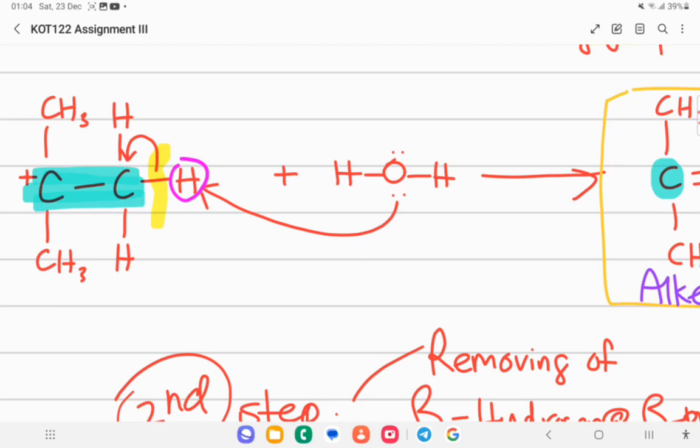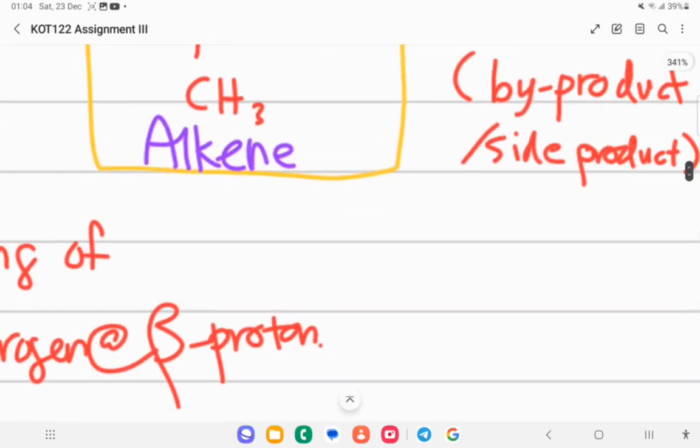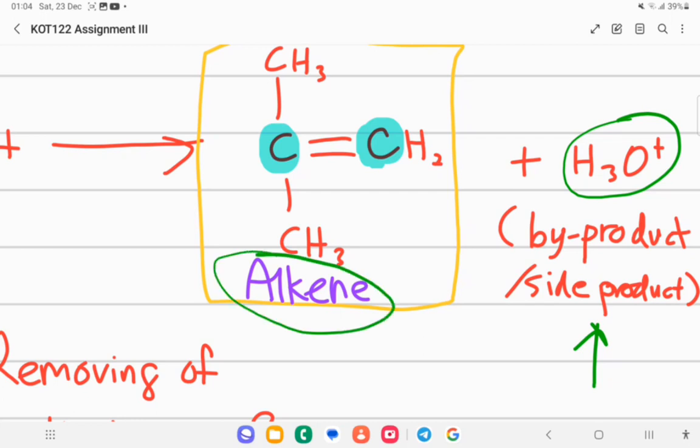So we form a side product or byproduct, which is H3O plus, or hydronium ion. This product is not important because we only need to focus on our major product, which is the alkene.